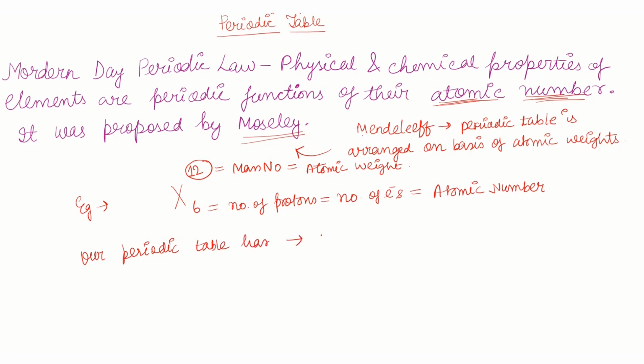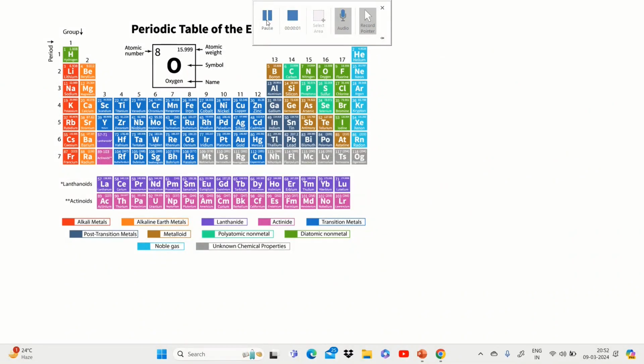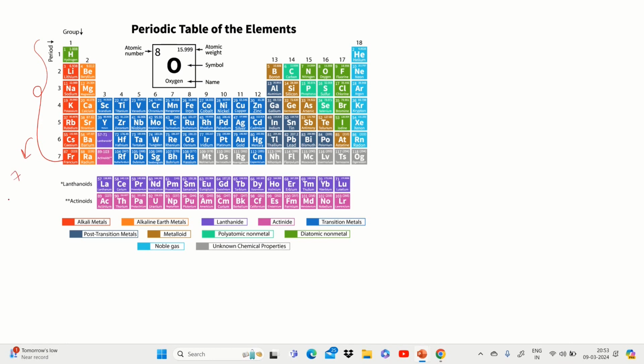which has 7 periods and 18 groups. This is the picture of our modern day periodic table. Okay, these are 7 horizontal rows of elements known as periods.